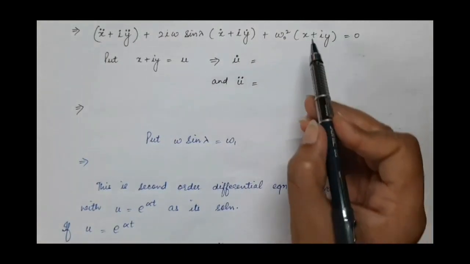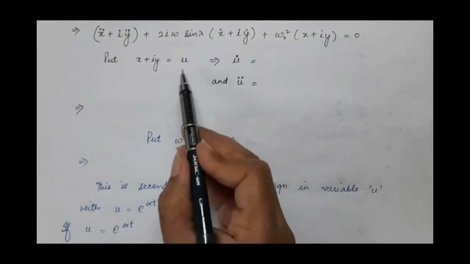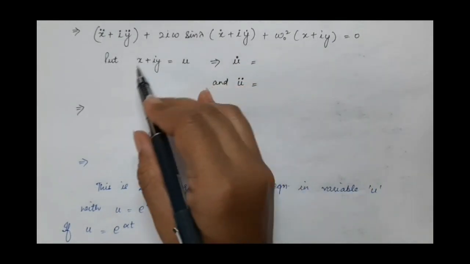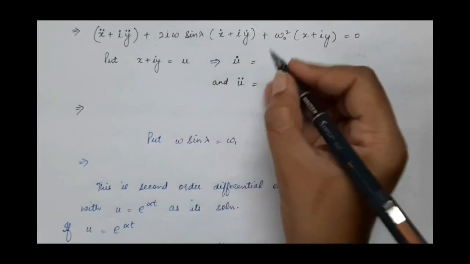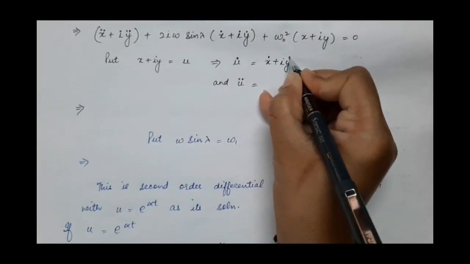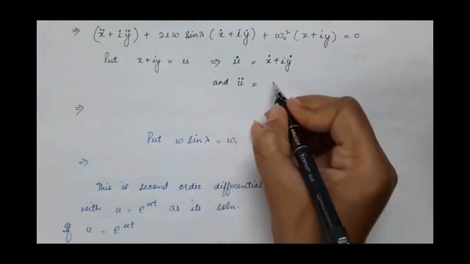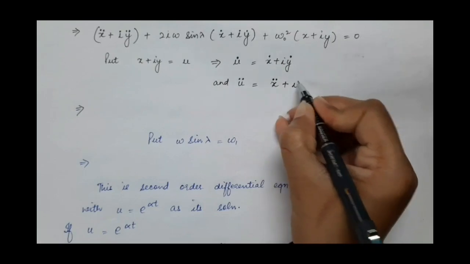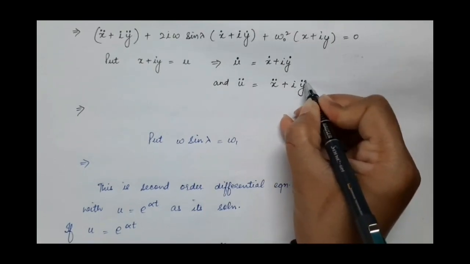Now put x plus iota y equal to u. Then differentiating, u dot will be equal to x dot plus iota y dot, and differentiating again, u double dot will be equal to x double dot plus iota y double dot.